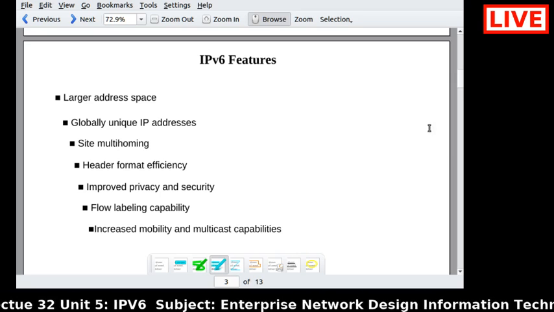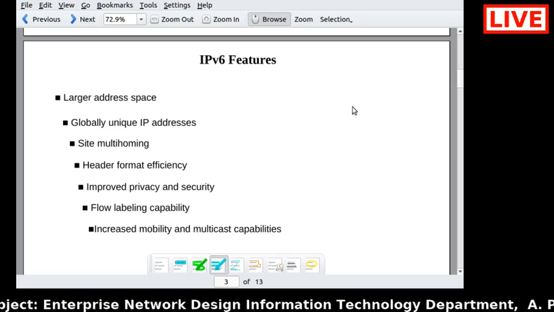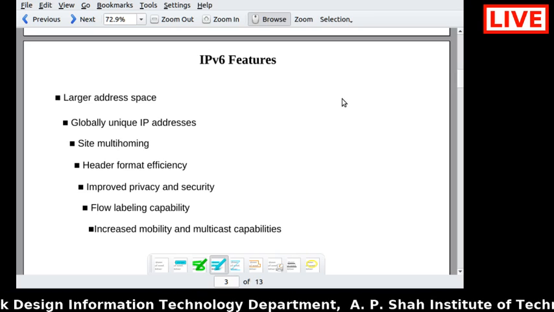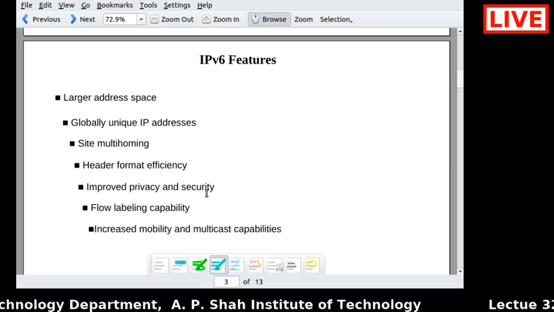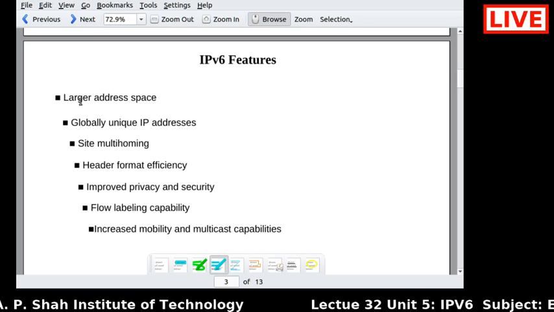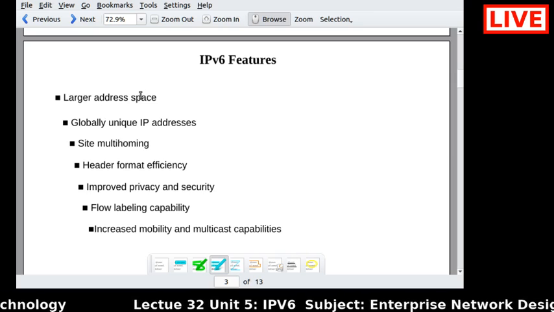Our syllabus also depends upon Cisco's, right? Cisco's IOS also supports IPv6. Okay, so we will see the different features. First of all, the larger address space. IPv6 obviously has a larger address space than IPv4, right?